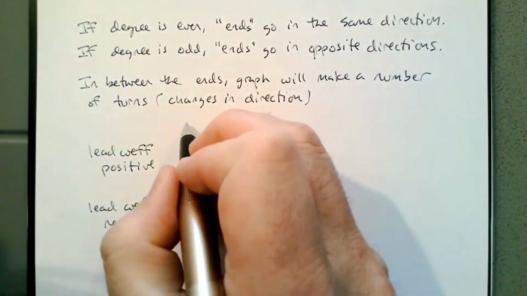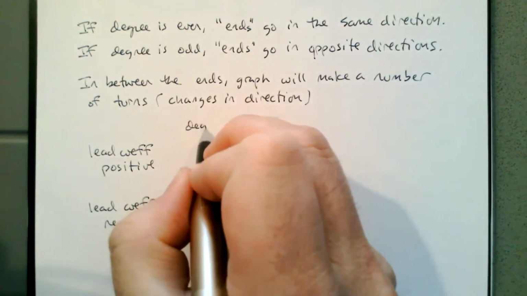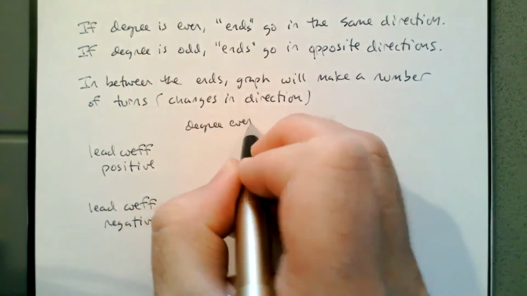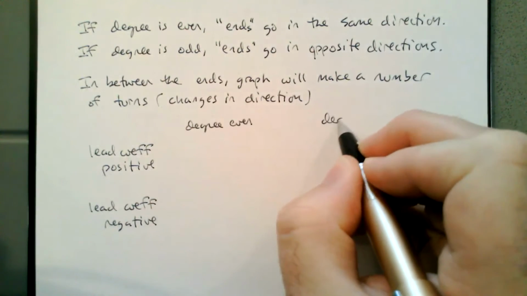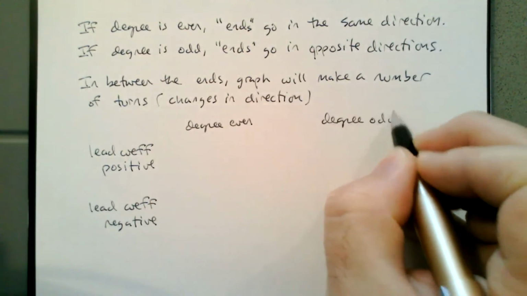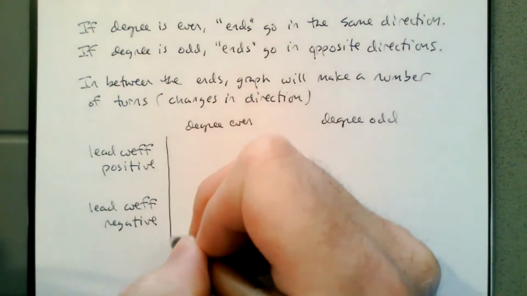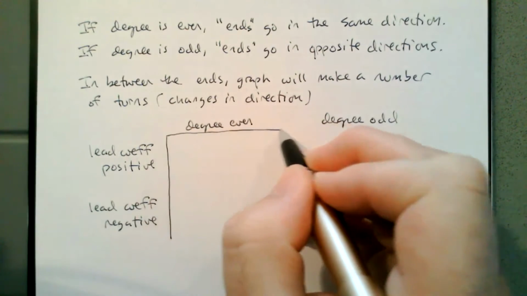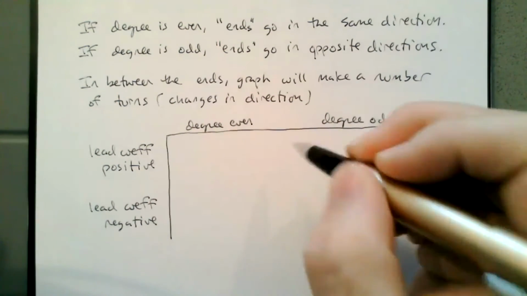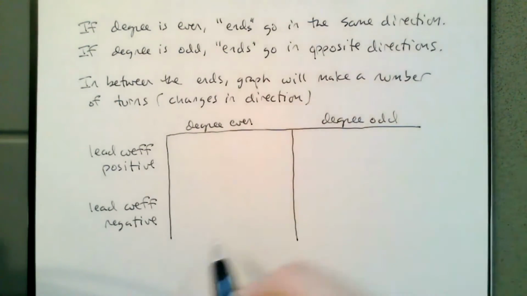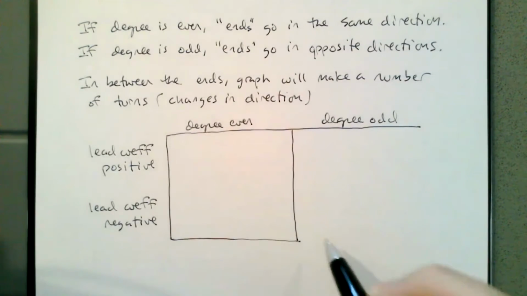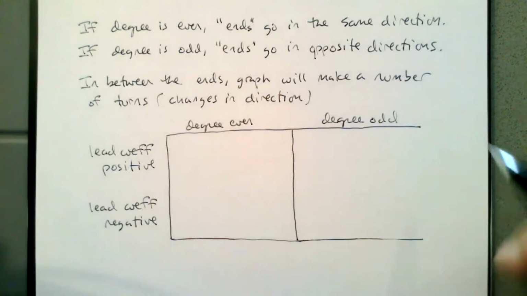The degree can either be even or odd. Two choices for each thing means 4 total possibilities.